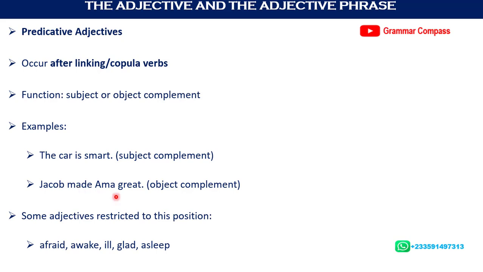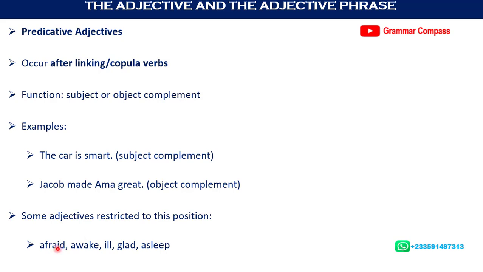Now from attributive adjectives, we know that for some adjectives, they normally occur in the attributive position, that is before the head word. But for some adjectives, they are also restricted to the predicative position after the verb. They cannot occur before the noun, but they occur after the verb. Those adjectives are afraid.